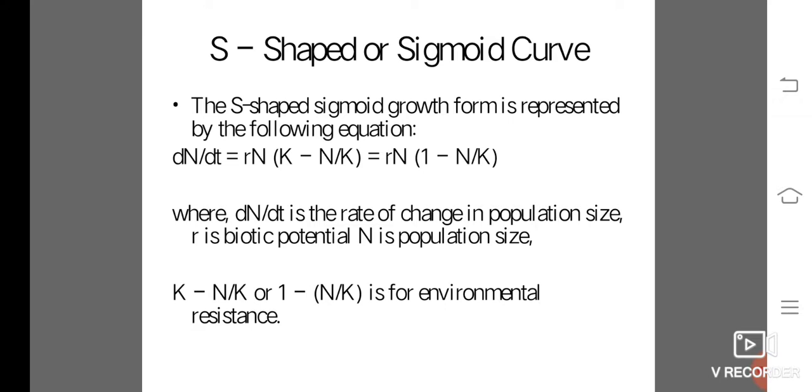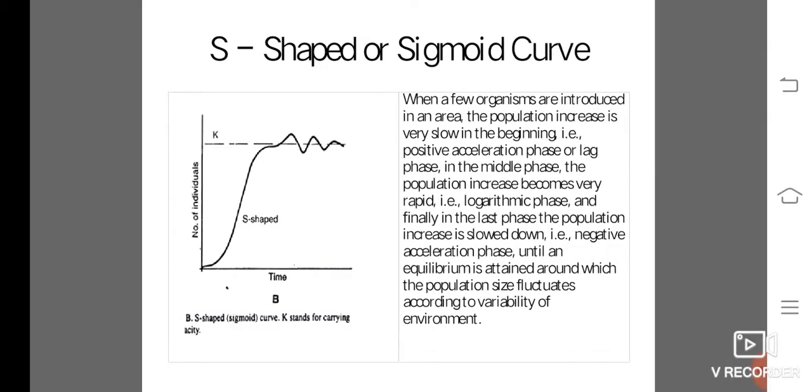The level beyond which no major increase can occur is referred as saturation level or carrying capacity. It is K. In the last phase, the new organisms are almost equal to the number of dying individuals, and thus there is no more increase in the population size.